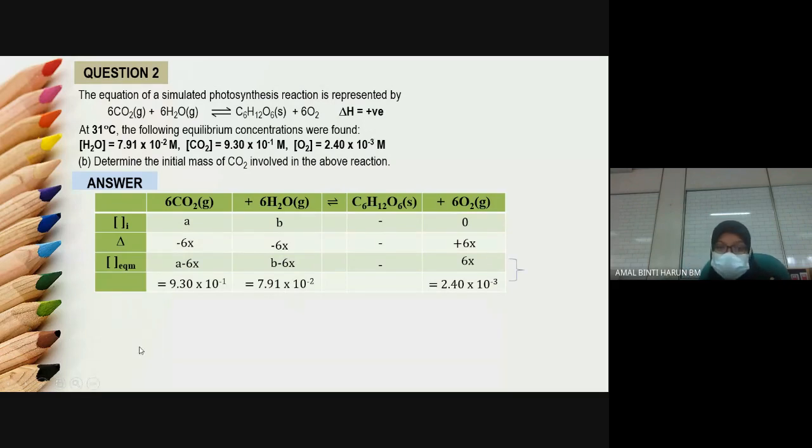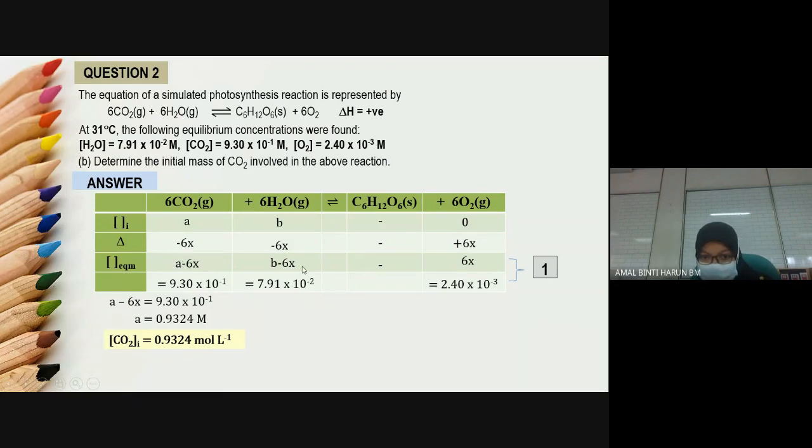Sekarang kita nak cari initial. Ada Kc Kp, ada equilibrium concentration, tapi nak cari initial. So, tengok ni. Ada initial kan, is 9.3 minus 6x. So the value of x is this one.